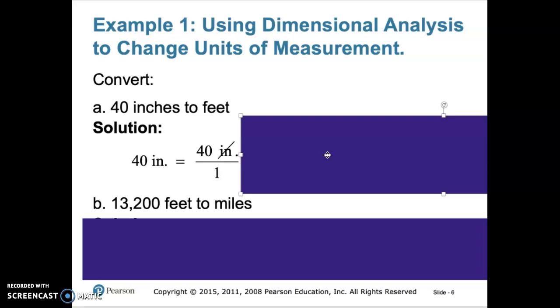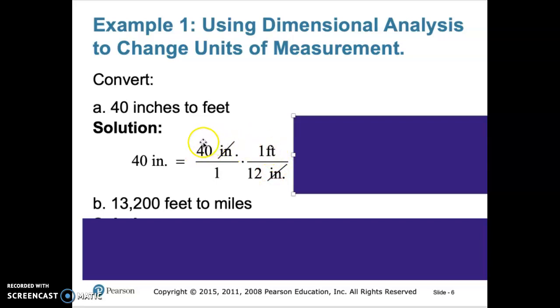We know there's 12 inches in 1 foot, and that's what I'm using. I'm converting inches into feet. Notice how I have my inches up here in the numerator? That means when I use my conversion, I am going to put my inches in the denominator so that they cancel out. So I would use 12 inches down here at the bottom is equal to 1 foot on top.